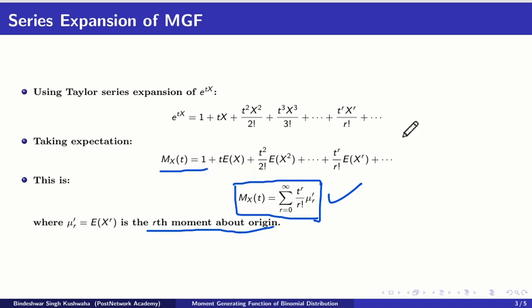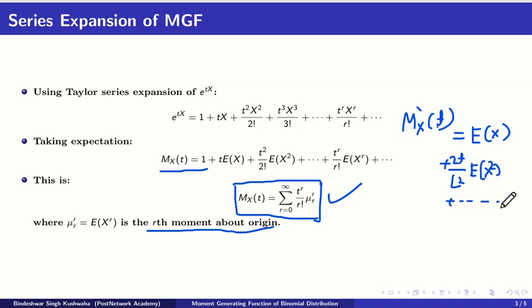If I differentiate M_X(t), keeping a prime, I will get 1 times E[X], plus t times 2 upon factorial 2 times E[X square], plus further terms that all contain t.